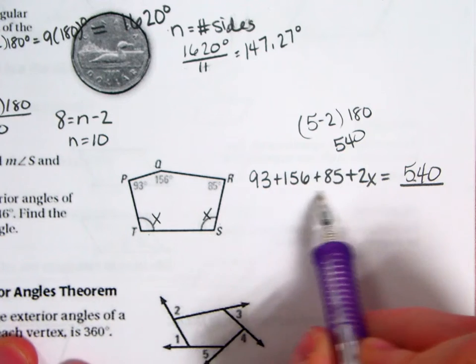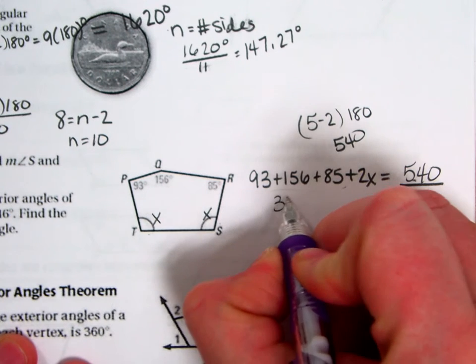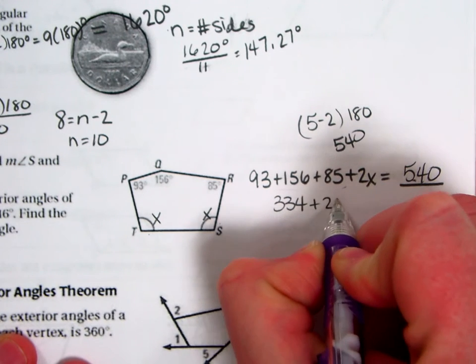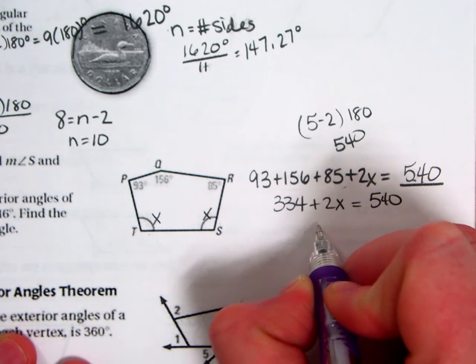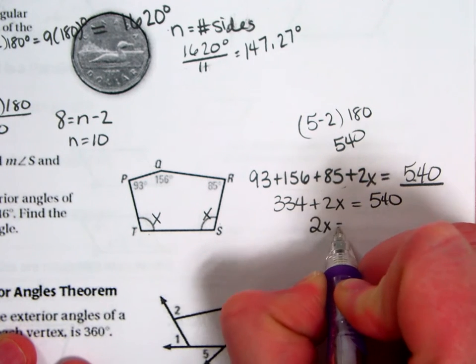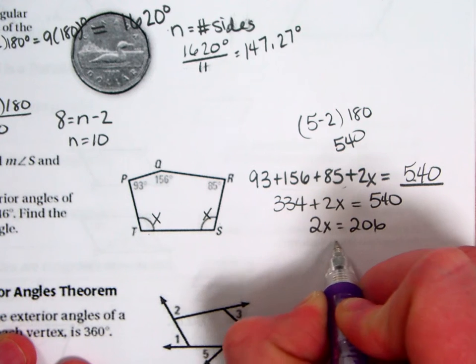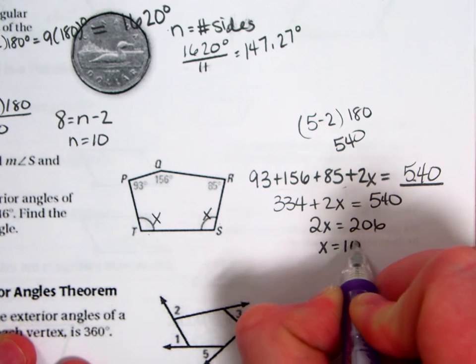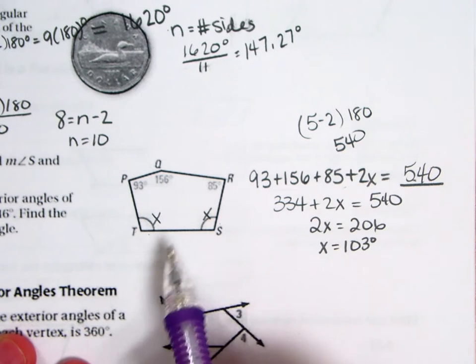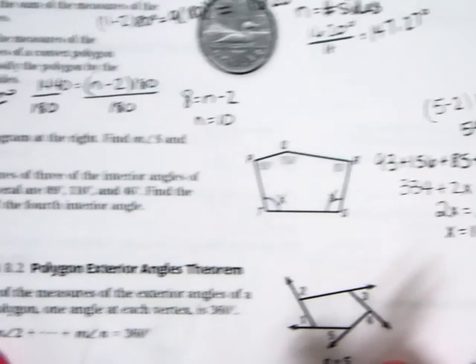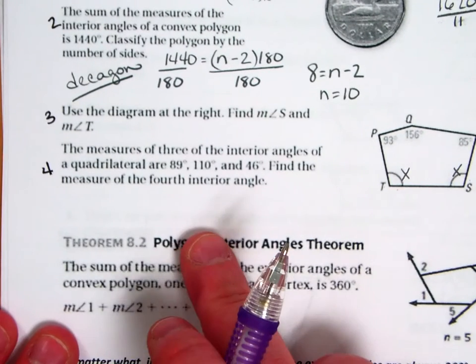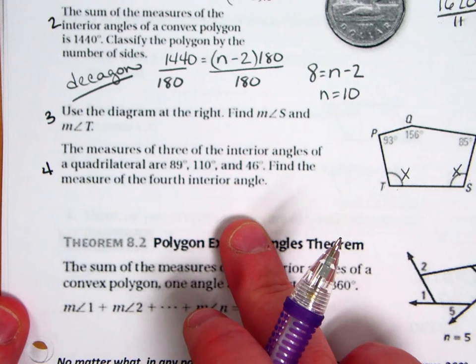Adding these numbers up, this comes out to 334 plus 2x equals 540. Subtract 334 over, and you get 2x equals 206. Divide by 2, x equals 103 degrees. So the measure of angle T and the measure of angle S is 103 degrees. Next example: the measures of 3 of the interior angles of a quadrilateral are 89, 110, and 46.